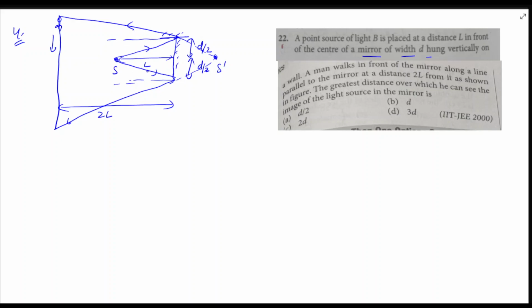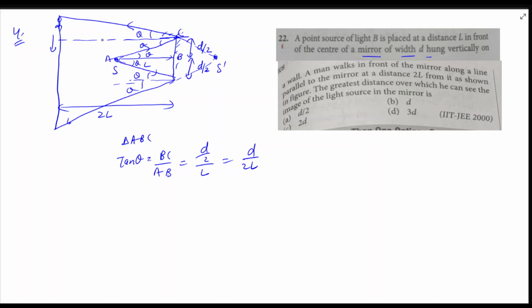Let's make this diagram. Let's say this is theta, this will be theta, and so on. So if you use triangle ABC, tan theta will be BC upon AB, right? BC is D by 2 and AB is L, so it will come out to be D upon 2L.